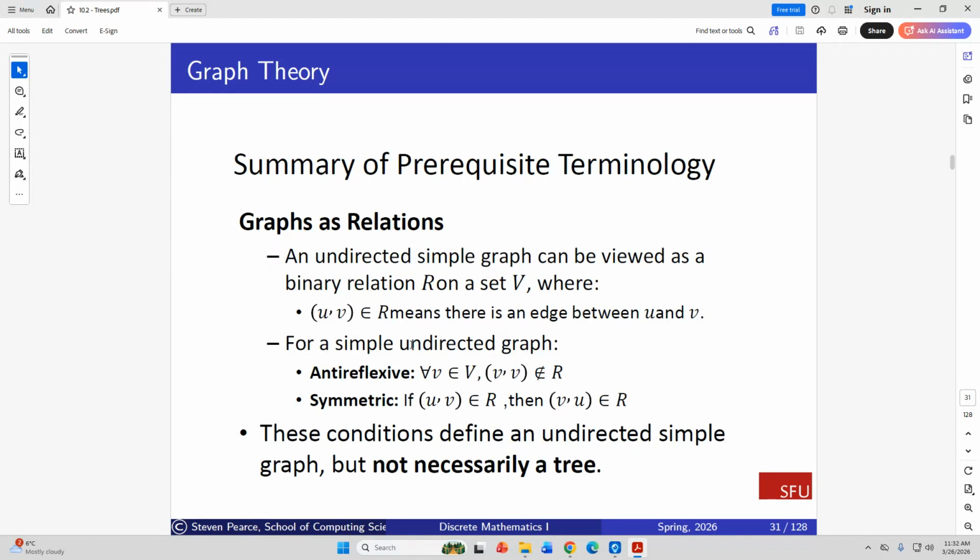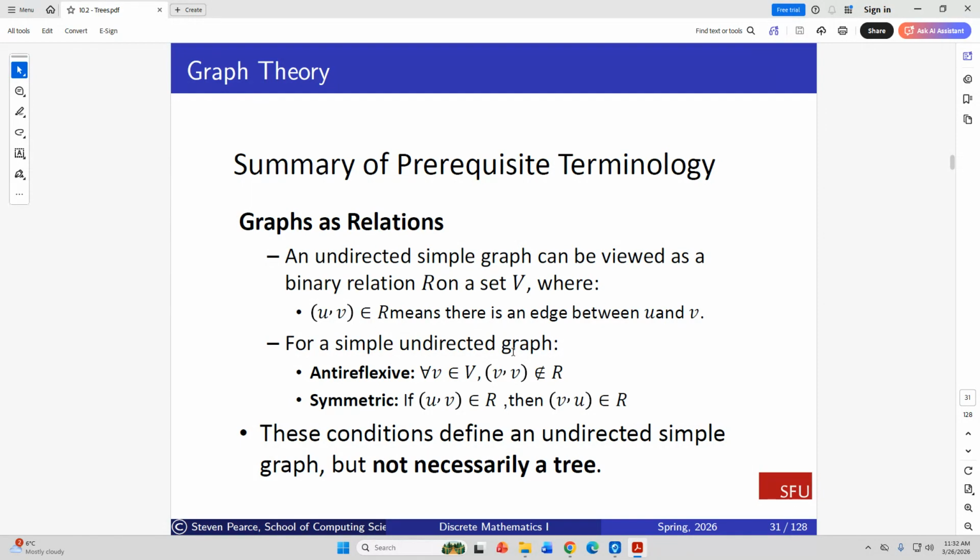Graphs as relations. An undirected simple graph can be viewed as a binary relation R on set V, where the ordered pair UV is an element of the relation R, and that means that there is an edge between U and V. Ordered pairs means it's an edge. A simple undirected graph is anti-reflexive, so it has no loops and no parallel edges.